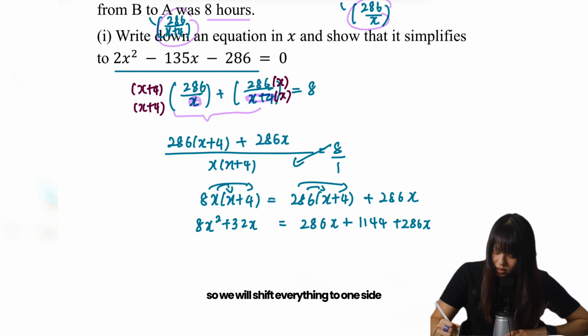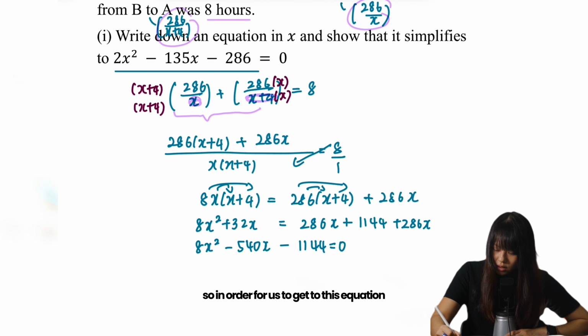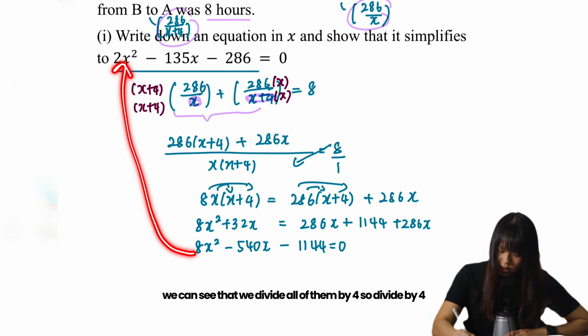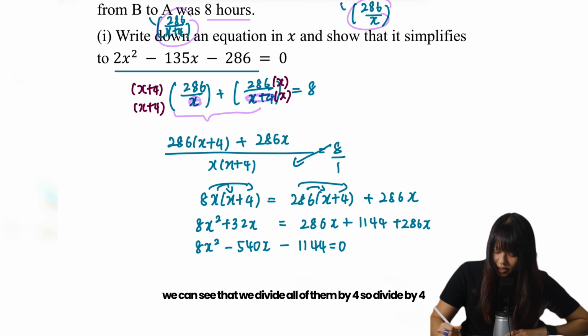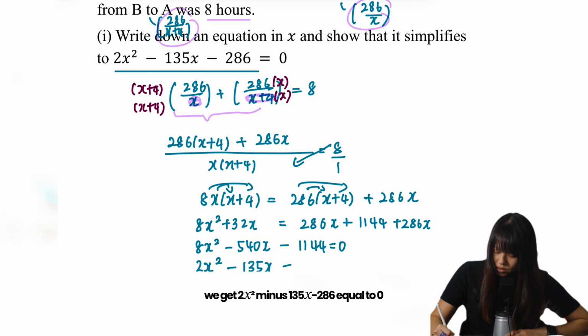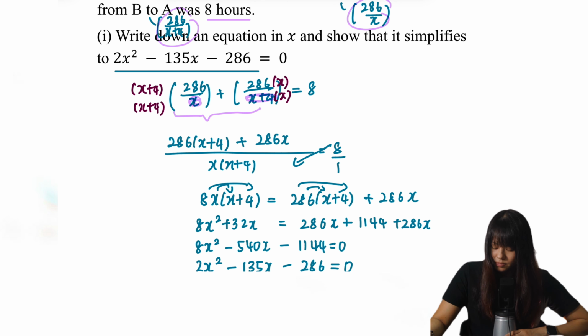So we will shift everything to one side, which gives us 8x squared minus 540x minus 1144 equal to 0. In order for us to get to this equation, we can see that we divide all of them by 4. Dividing by 4, we get 2x squared minus 135x minus 286 equal to 0.